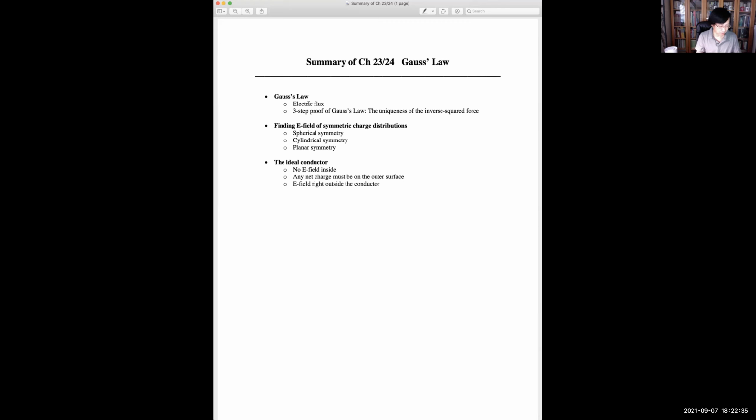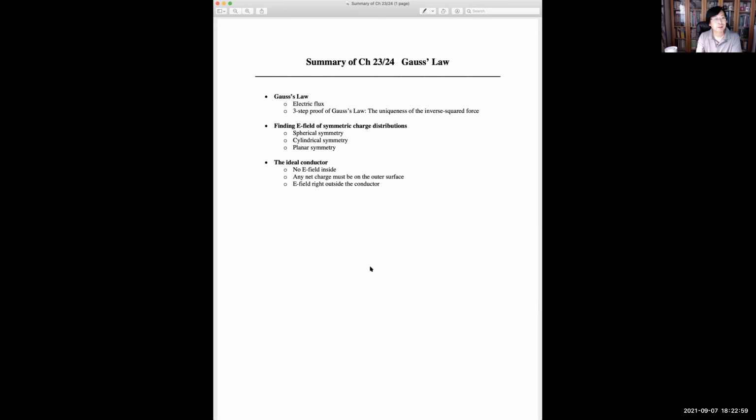You know how hard that will be if you try to use Coulomb's law: it's a three-dimensional integral. So it's limited when it comes to finding the electric field of certain charge distributions. By rewriting it in terms of Gauss's law, we can take advantage of the symmetry of the problem. That's why we're doing that.